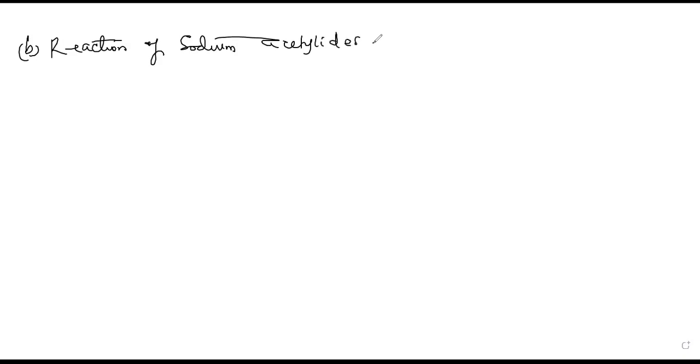And that method, let me call it reaction of sodium acetylides, is my other reaction. Reaction of sodium acetylides with primary alkyl halides.